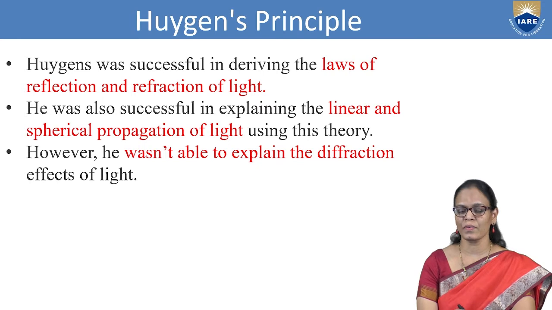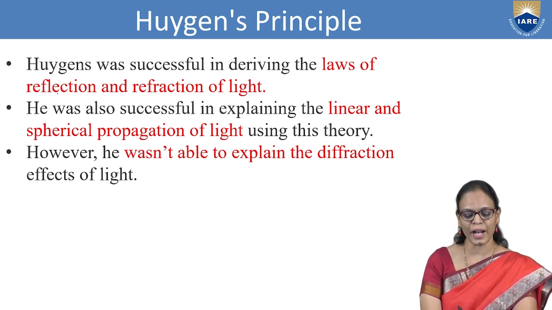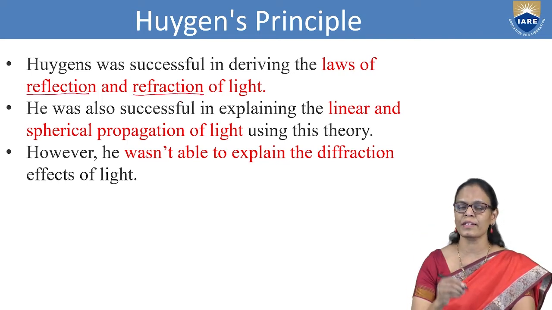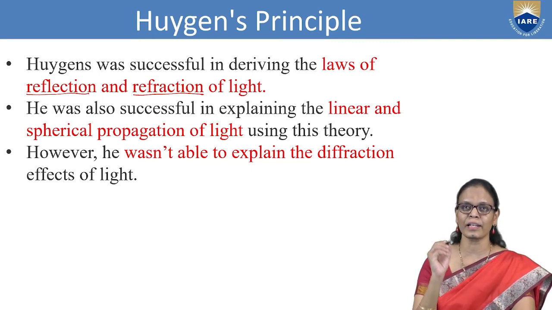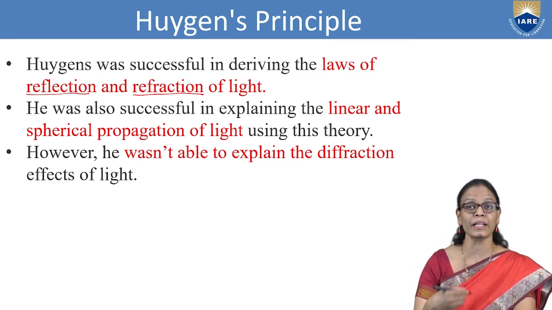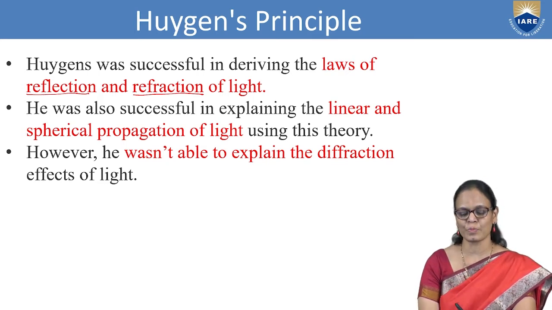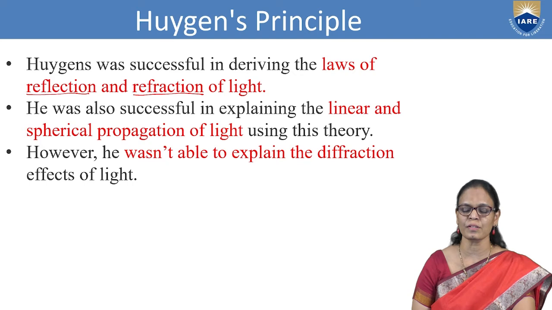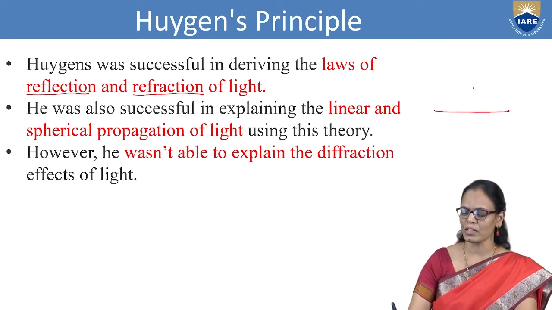With his theory, Huygens was successful in deriving the laws of reflection and refraction. That means when any luminescence strikes a point, that point acts as a secondary source and emits waves, and with the help of that, he could clearly explain the laws of reflection as well as refraction. Reflection means whenever light falls on a reflecting surface which does not transmit the light, it reflects back into the same medium.